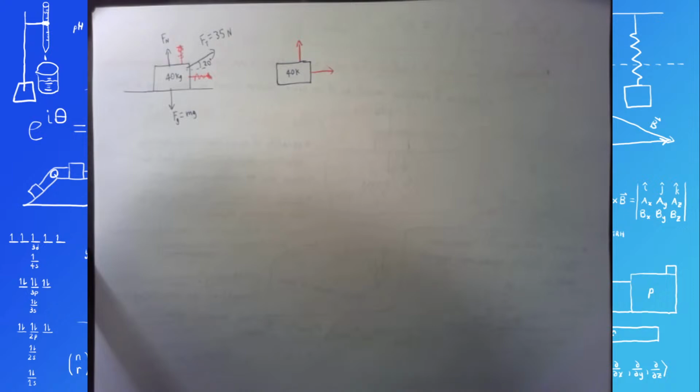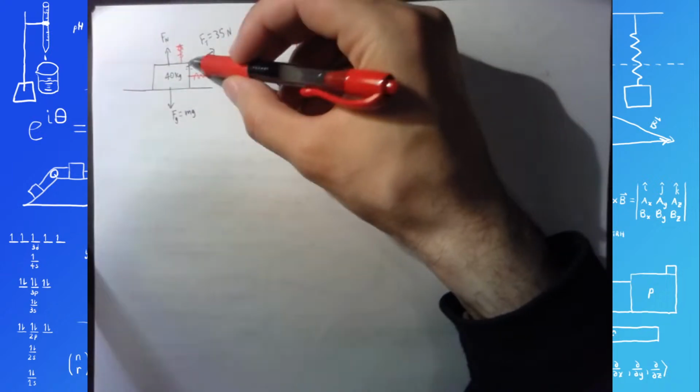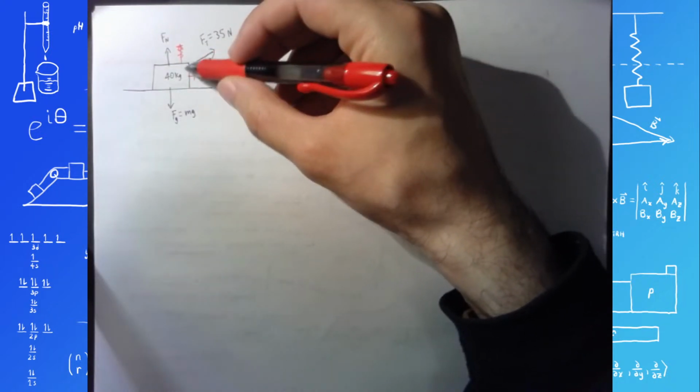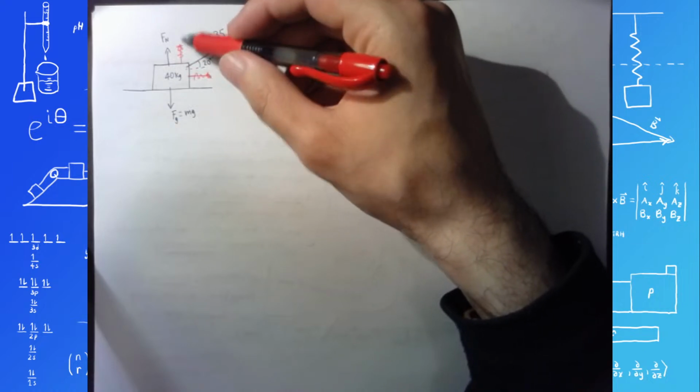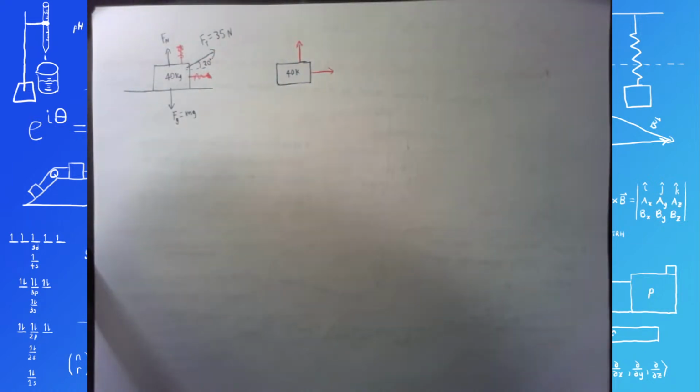But a lot of times they want you to just draw the raw forces without breaking them down into components. So anyway, force of tension is 35 times cosine of 20 degrees.